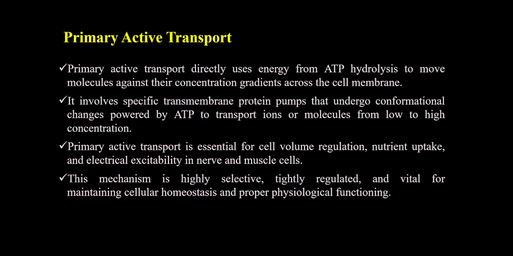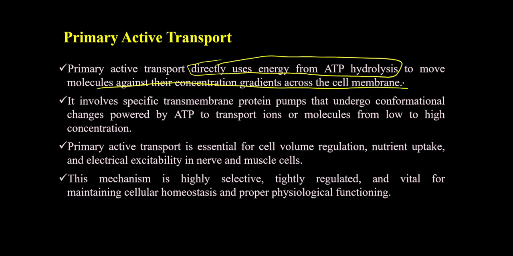First, primary active transport. Primary active transport directly uses energy from ATP hydrolysis, okay, to move molecules against their concentration gradient across the cell membrane. It involves specific transmembrane protein pumps.